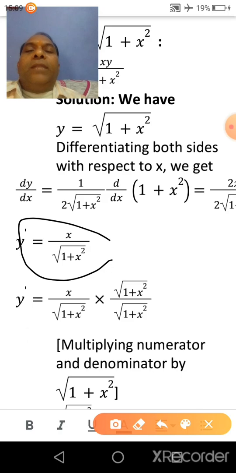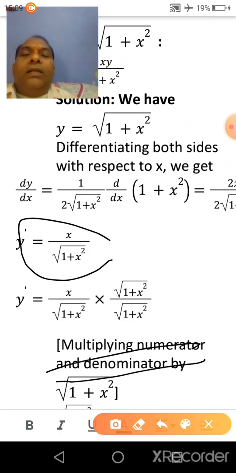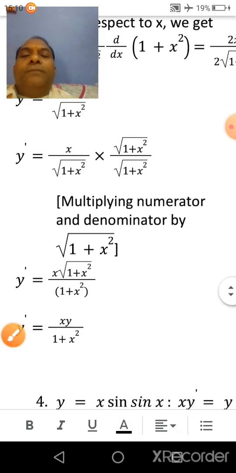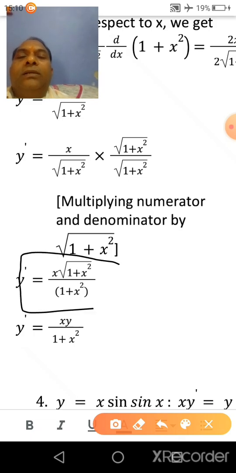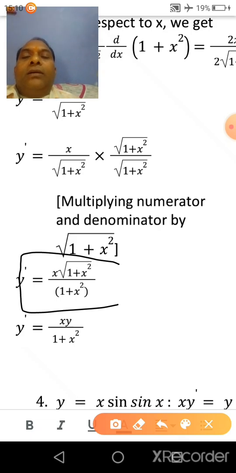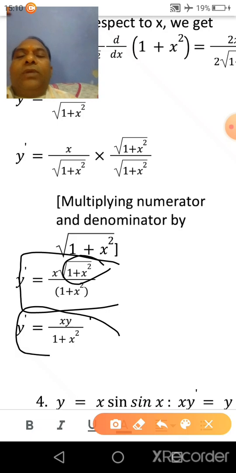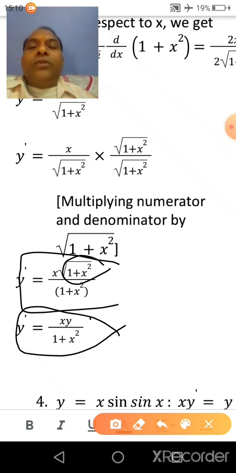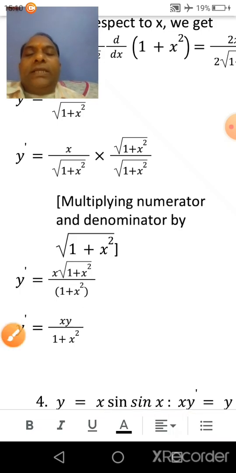So multiply numerator and denominator by root 1 plus x square, then this will be equal to x into root 1 plus x square upon 1 plus x square. Clear? So put the value of root 1 plus x square. Root 1 plus x square is equal to y. So write here y. So y dash is equal to xy upon 1 plus x square. It means given function is the solution of given differential equation.